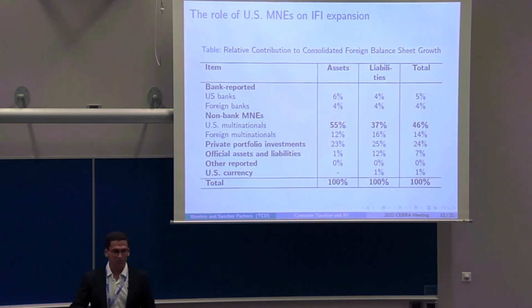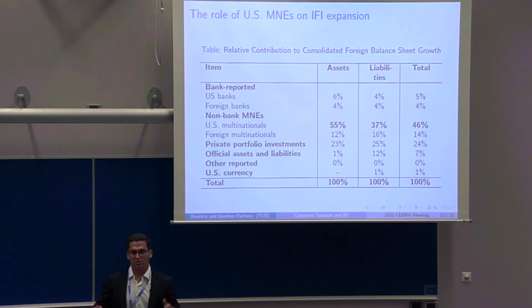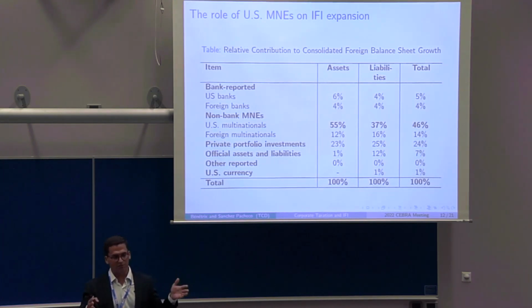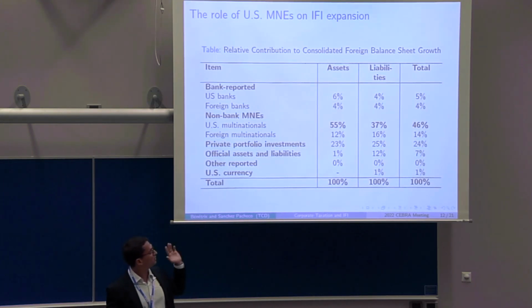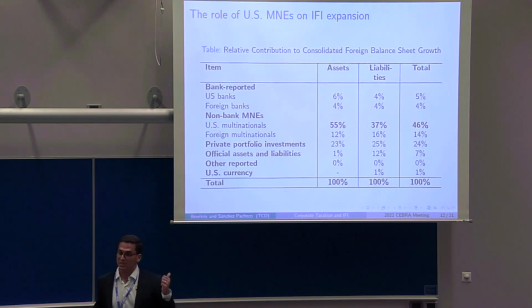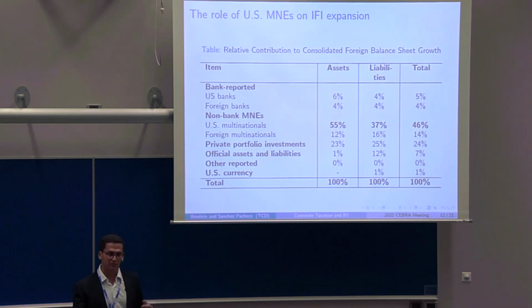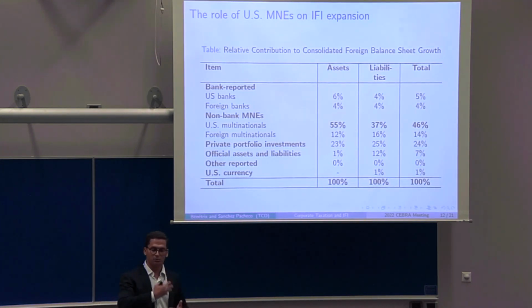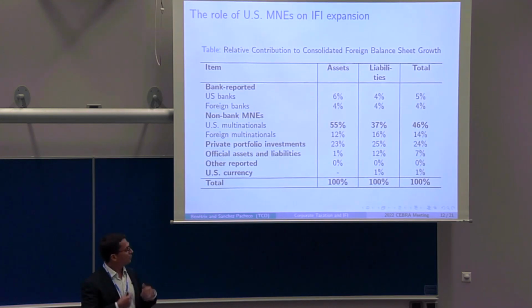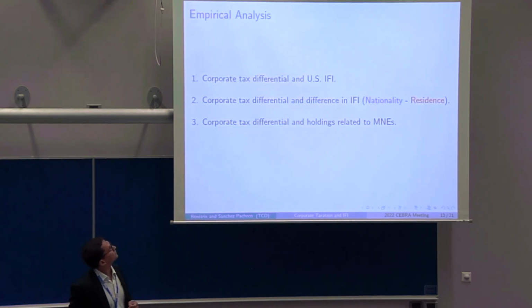Now, if we go back to the motivation, this 20-year period in which IFI increased dramatically was mostly driven, or at least half of it was driven, by US non-bank multinationals. That's the same period in which profit-shifting activities really took off. So given these two things and the incentive that firms have to send assets to affiliates located in low-tax countries, we investigate whether these two things are related.